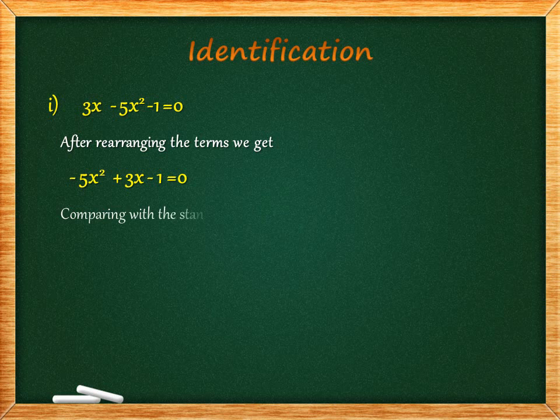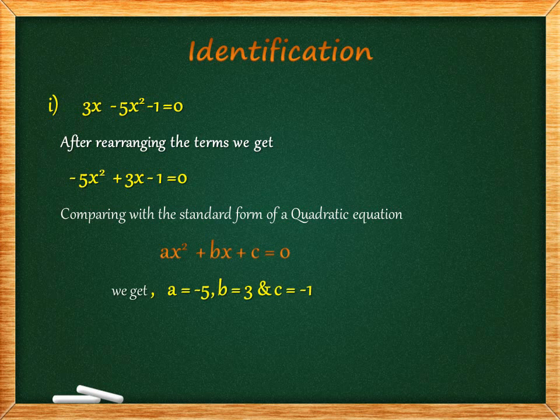And when we compare it with the standard form of a quadratic equation, ax square plus bx plus c is equals to 0, we see a is equals to minus 5, b is equals to 3, c is equals to minus 1. All three a, b, c are real numbers and a is not equals to 0. So this is a quadratic equation.